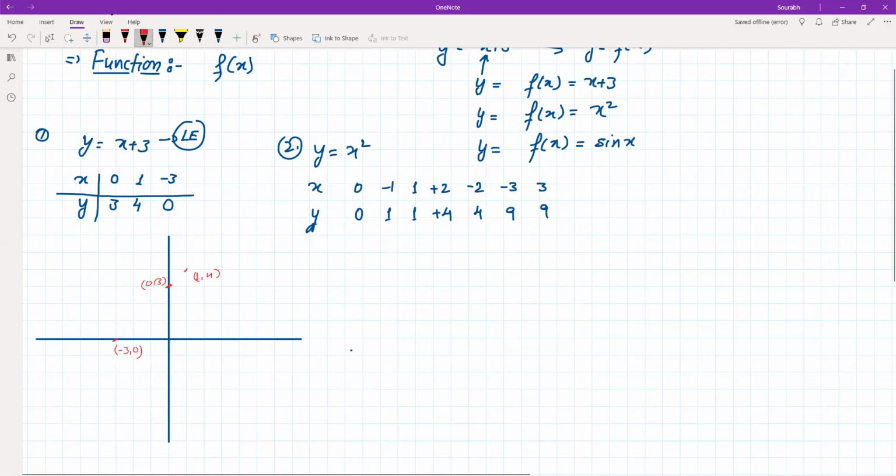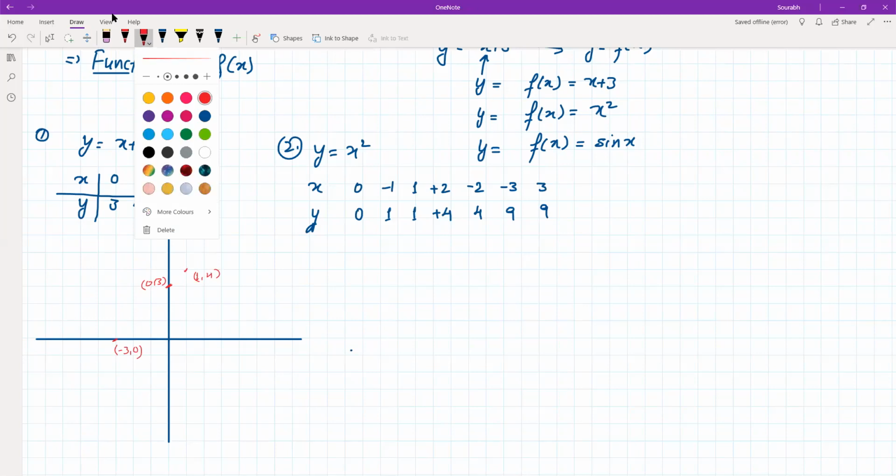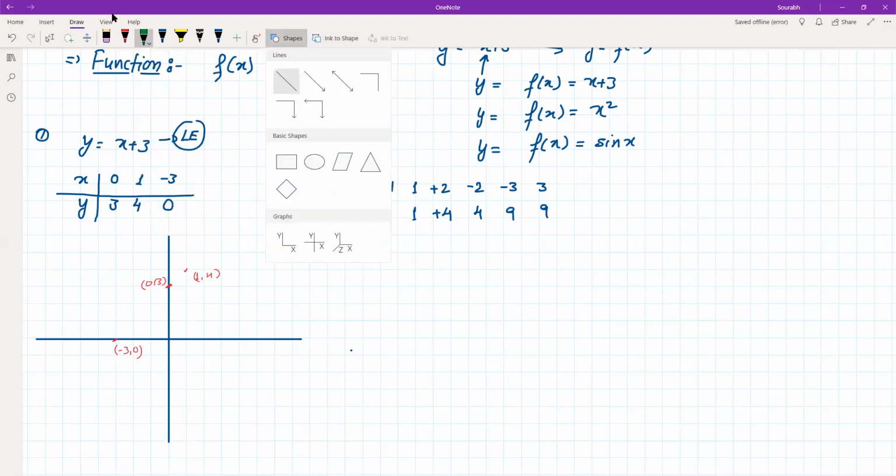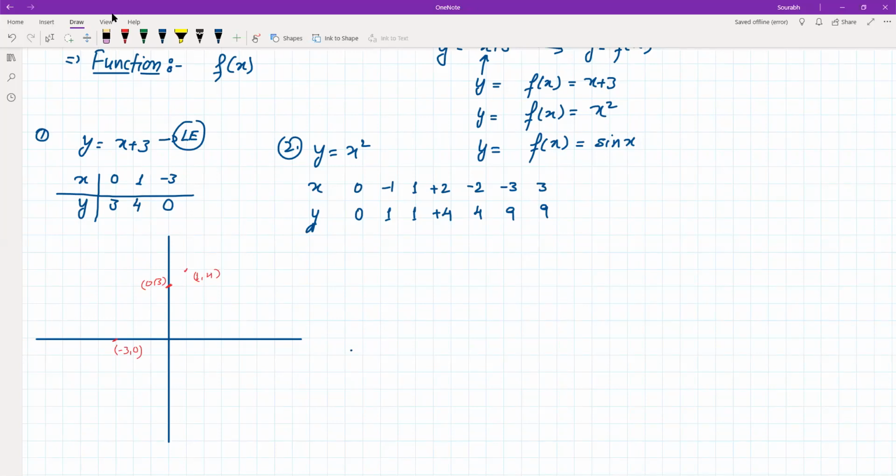Now, what happens now is if I want to join these points, I can see that if I start from this, it is actually a straight line. So this is a straight line.